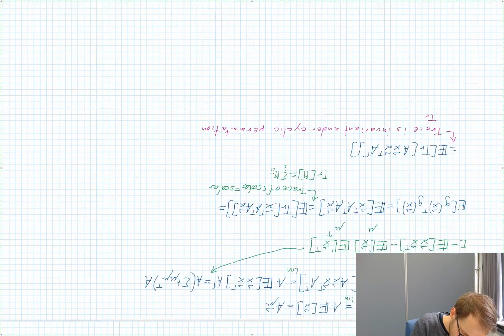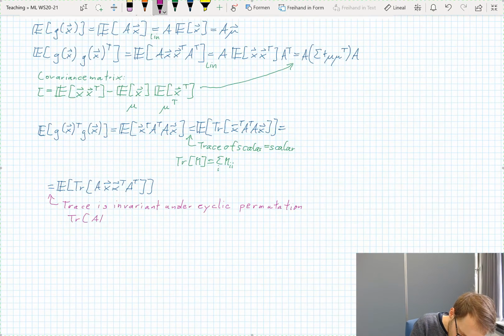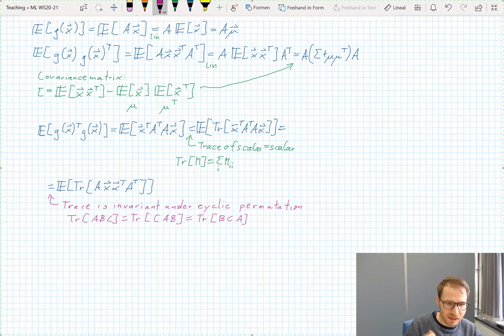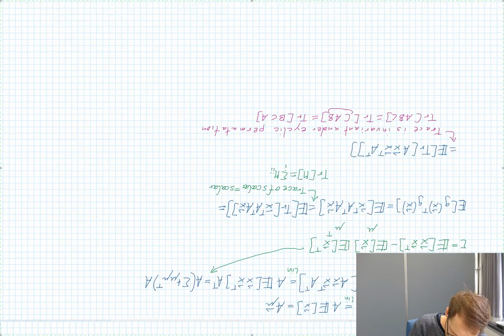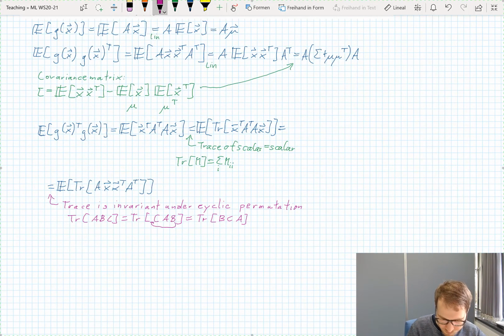It means that the trace of ABC equals the trace of CAB equals the trace of BCA. So basically cycle this through, right? This goes there. That's how the permutation works.